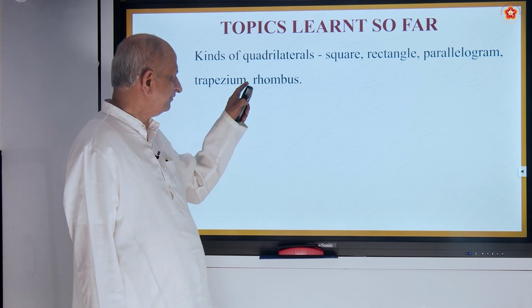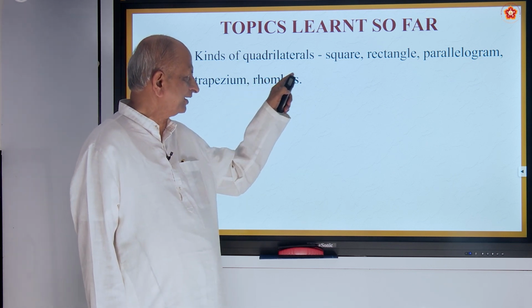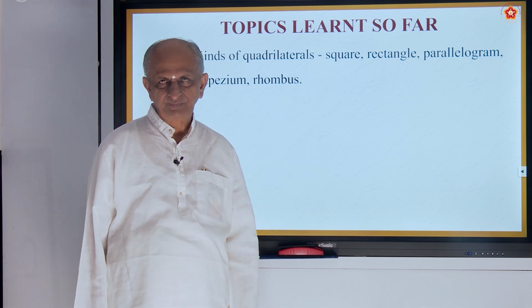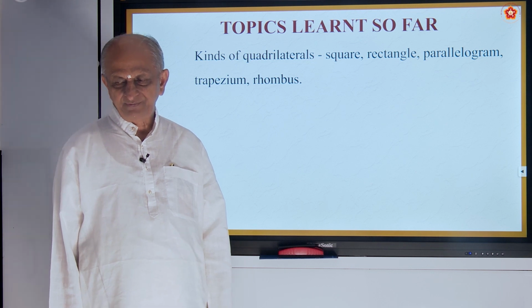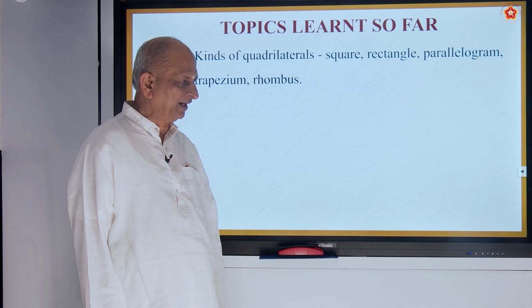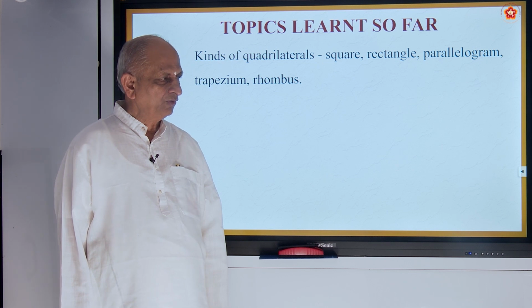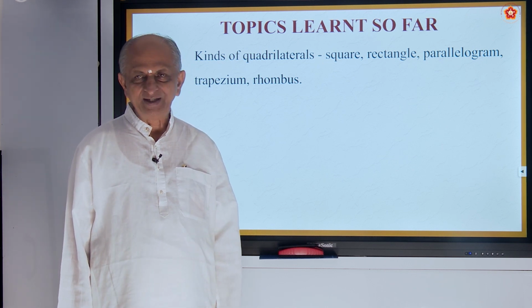In that we have different kinds of quadrilateral, namely square. What is the speciality of square? Square is a plane figure or a quadrilateral having all the sides and angles equal.